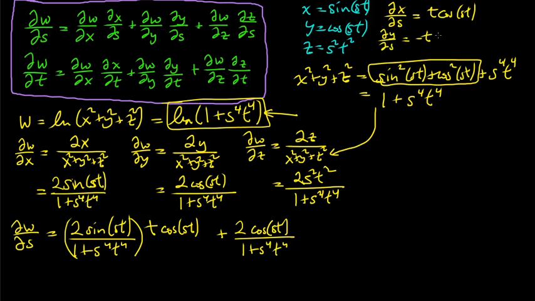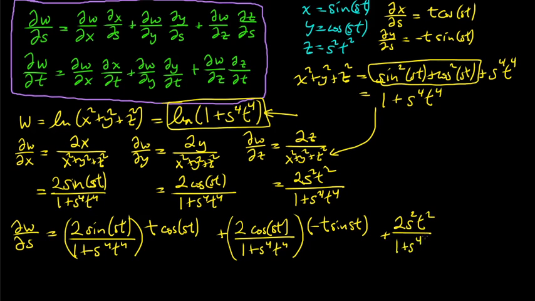So it's going to be negative t sine of st, right, and then plus the z partial, 2s squared t squared over 1 plus s to the 4 t to the 4, and then that times the s partial of z, which is just 2s t squared.